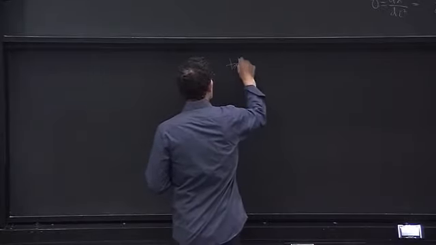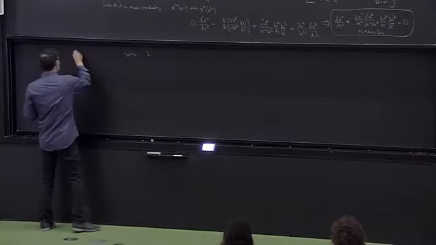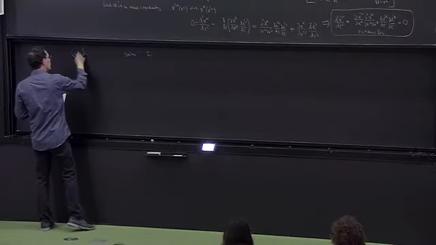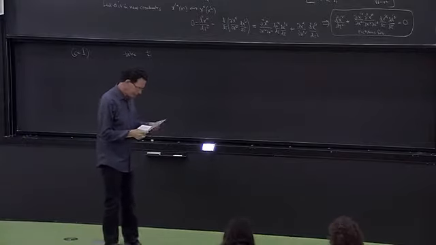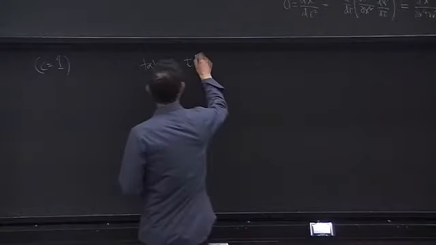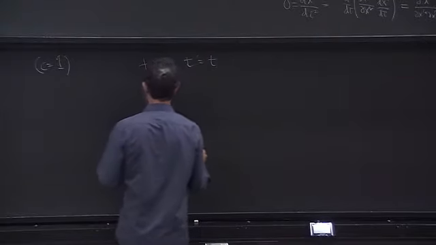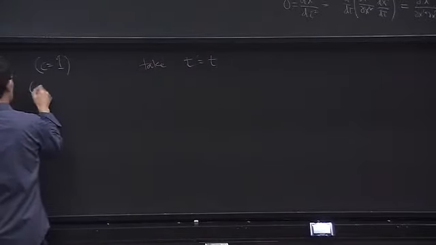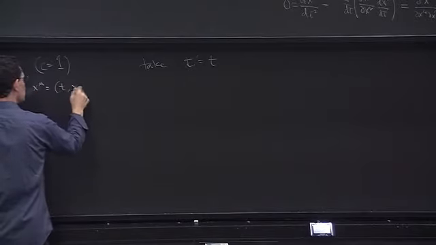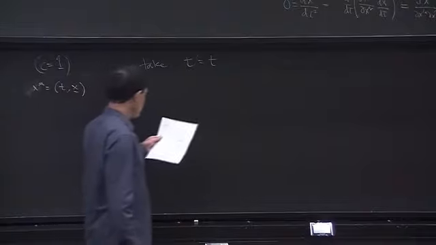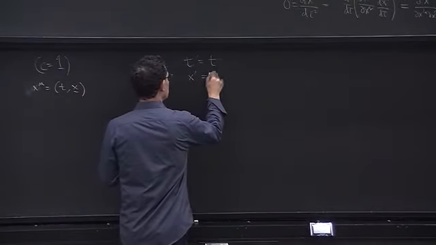So let's see how to do that. I'm going to take c equals 1 from now on in this course. Speed of light is 1. So let's take t prime to equal t, and I'm going to write x mu as t, x. So a coordinate transformation, let's consider the following one.